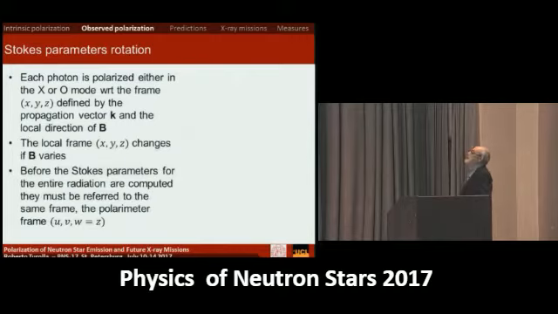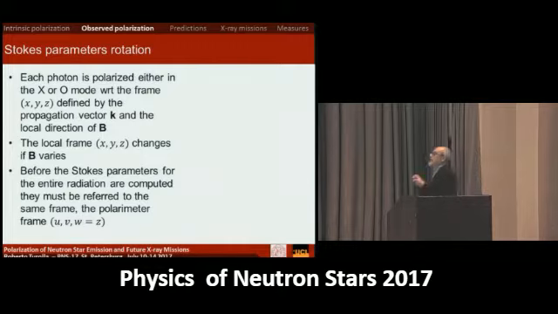I'm going quickly through this. The fundamental point one should bear in mind is that each photon is polarized in the ordinary or extraordinary mode, but it is so polarized with respect to a frame XYZ, which is defined by the propagation vector k and the local direction of B. Of course, as the photon propagates, the local frame XYZ changes if B varies. k always remains the same, because it is the line of sight direction.